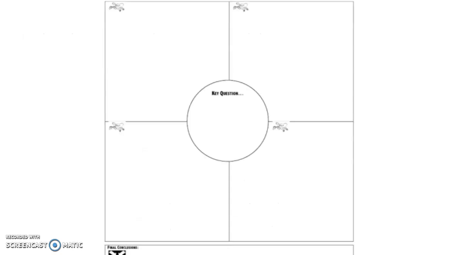So for the Conversation Roundtable, this is what your note-taking will kind of look like. You'll have a key question here. And for us, ours is going to look maybe a little bit different than this. We'll have it maybe in a more note-taking environment. But this key question is going to be a specific event.